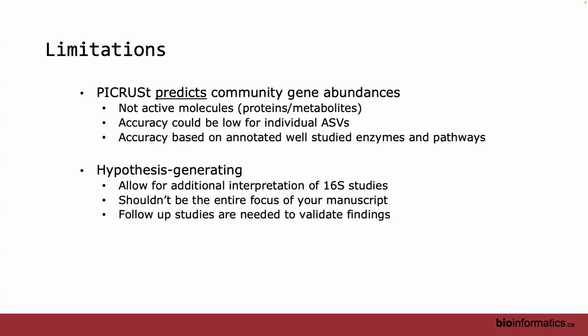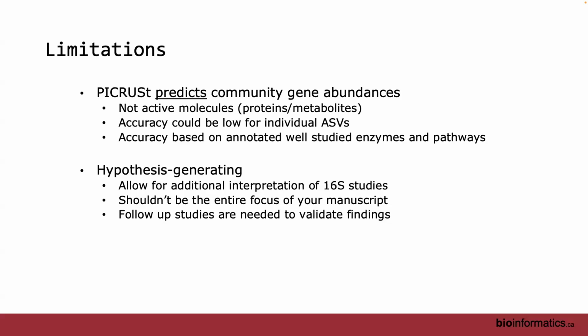And when we talk about the accuracy of the method, especially in the previous papers, we are defining the things that we're predicting as those enzymes and pathways that have already been characterized in the microbial community. Even though when we sequence a new genome we know that about 25% of the gene content can vary with a new strain, the reality is that most of those genes are not characterizable.